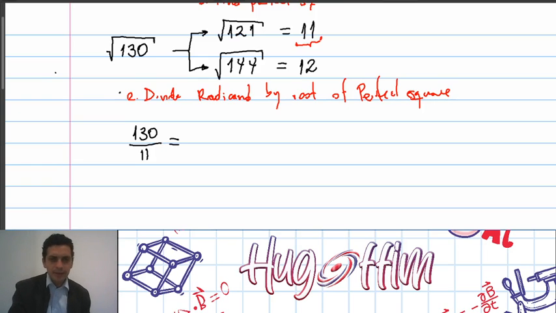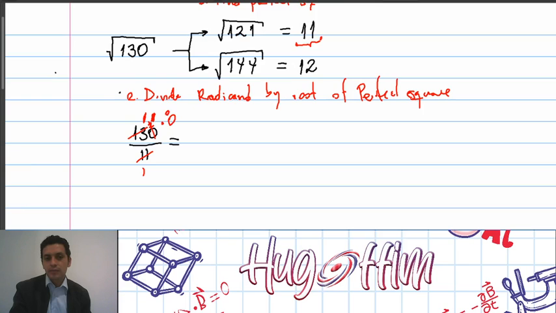Okay, so if I divide it, I'm going to get 1, with 2 left. 11 into 20 is going to be 1. So 220 is going to be 9.